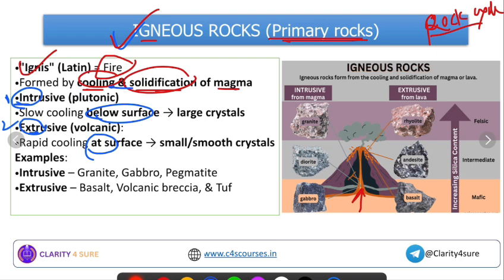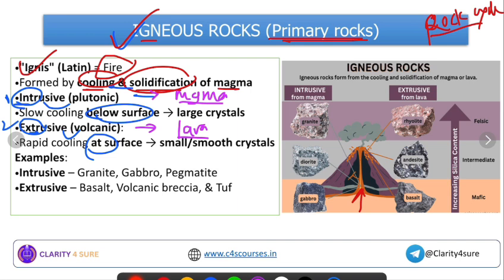Intrusive rock is also called plutonic rock, and extrusive rock is also called volcanic rock. Here are the two terms I want you to focus on: in intrusive we use the term magma, and in extrusive we use the term lava.